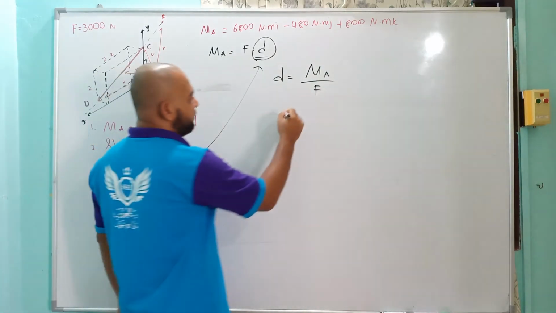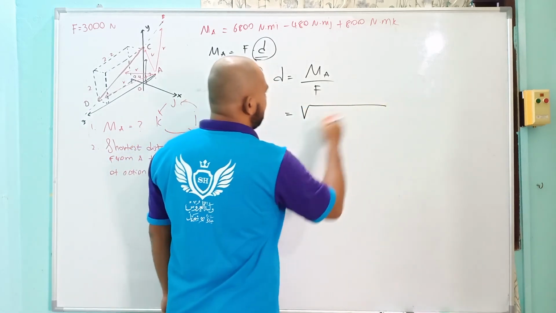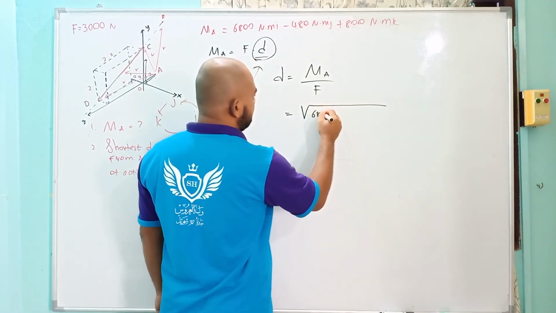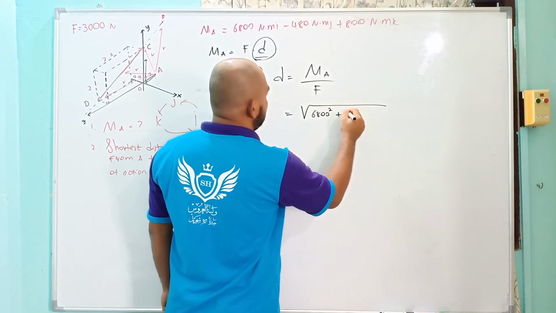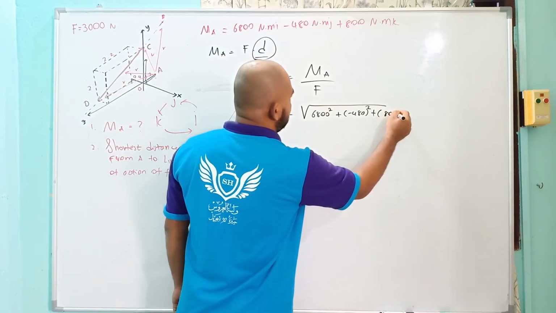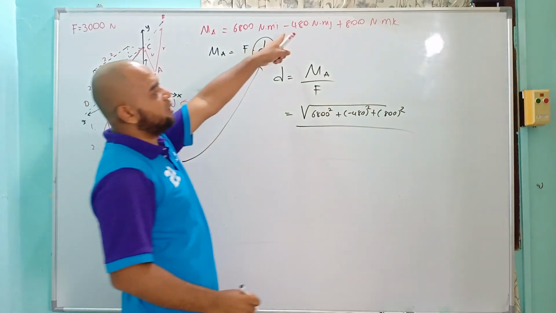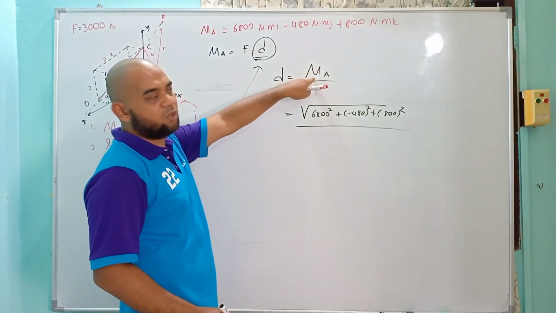Okay, so what is moment of A? Moment of A, we have this A. So magnitude of moment of A, square root of 480 squared plus negative 480 squared plus 800 squared divided by, okay, this is the moment of A, the magnitude of the moment.